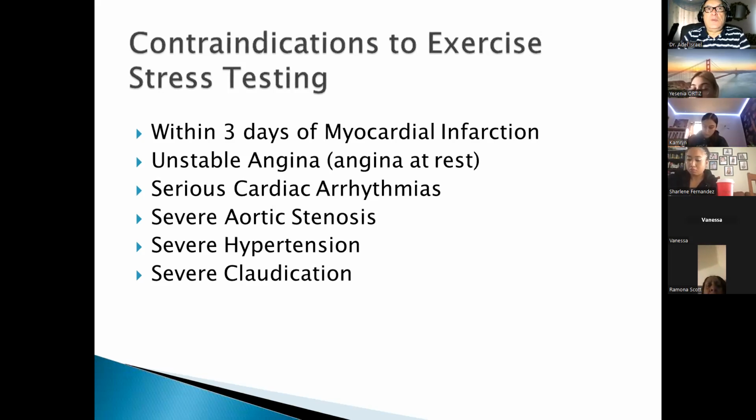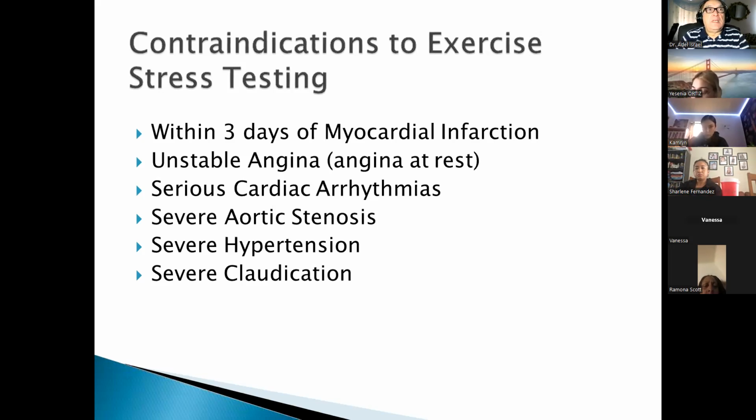Another condition is unstable angina. When we go through the circulatory system, we are going to learn that angina, which is chest pain, can be stable or unstable. And unstable means what? It happens during rest, whereas the majority should happen at exertion, which we call stable.